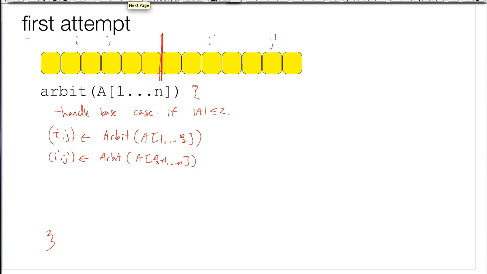My best trading strategy is either going to be entirely on the left, i and j on the left, entirely on the right, or I buy on the left and I sell on the right. What we need to figure out is what would be the best trading situation if I bought on the left and I sold on the right. Then we have three things to compare, and you can just return the max of those things, right?